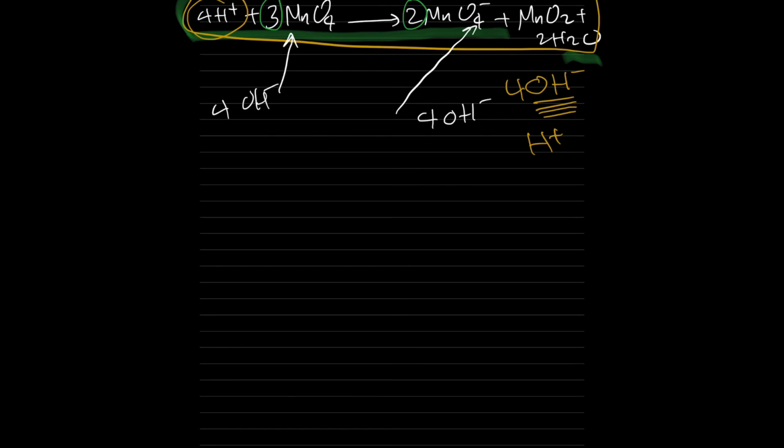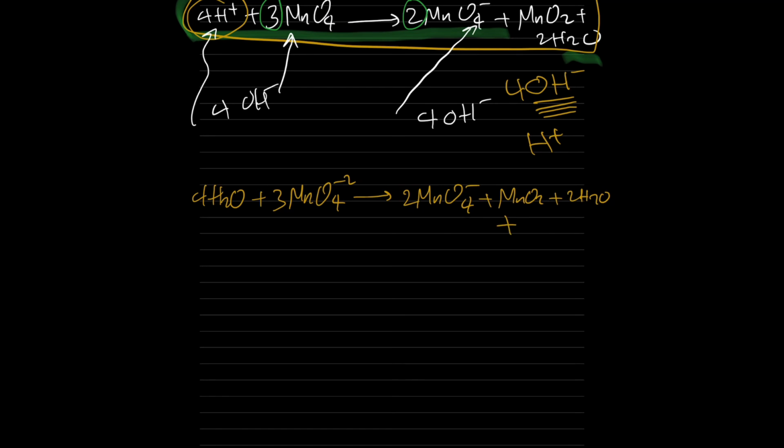So after adding 4 OHs to the area where the H plus is present, then it will change to 4 water molecules. And then you will have 4 water molecules plus 3 MnO4 negative 2 leads to give 2 MnO4 negative 1 plus MnO2 plus 2H2O plus 4OH negative.